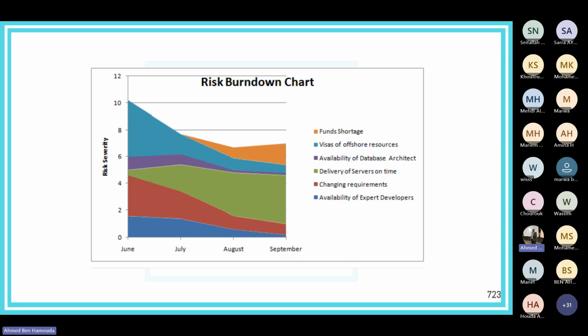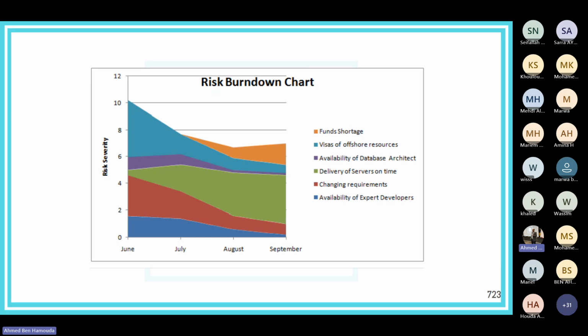We have a major big risk in blue, where we fear not to be able to obtain visas for our staff, whom we need to send on a trip to learn about some new technique. So actually, this is a major risk.